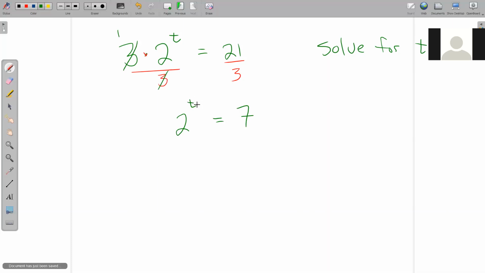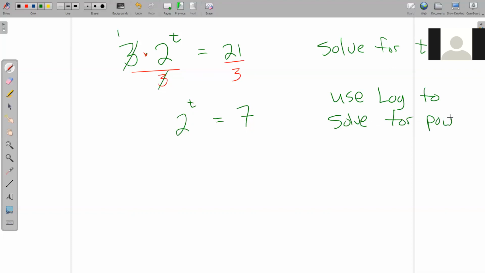And until today, we had no way to solve for a power. To solve for a power, we use logs. So this is the big thing about today's lesson. So what I do is I write log on each side.